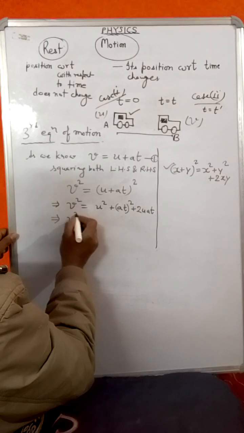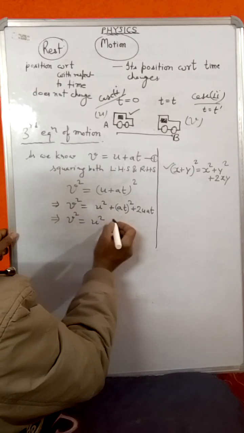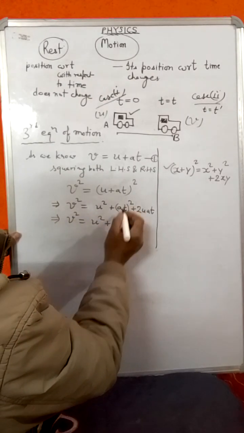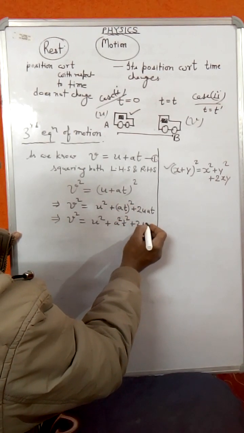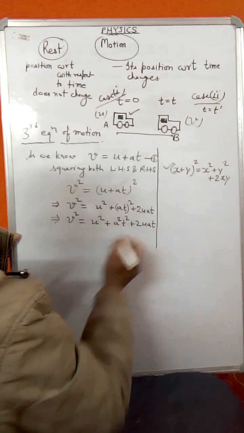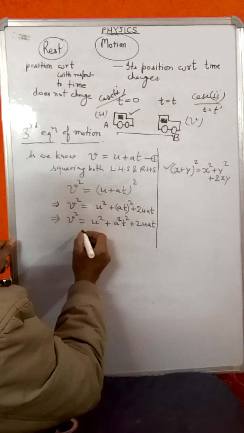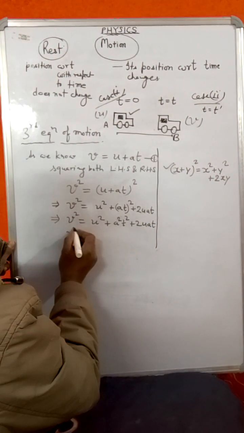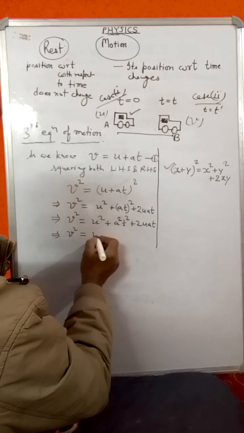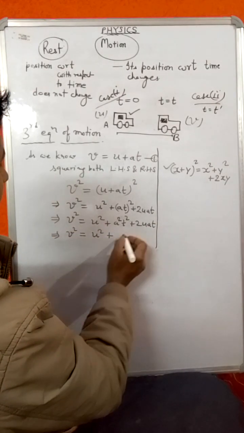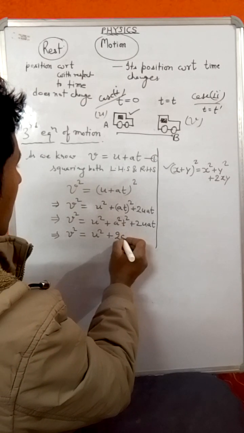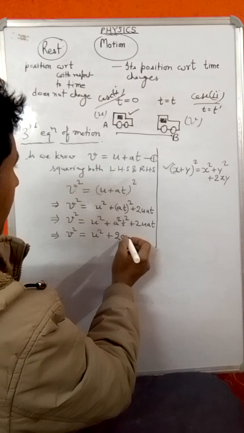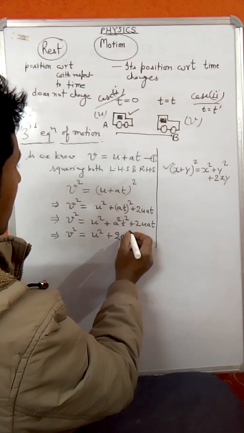Now next, v square is equal to u square plus a square t square plus 2uat. Right? Now here what we can do, v square is equal to u square plus, let's take 2a as common.